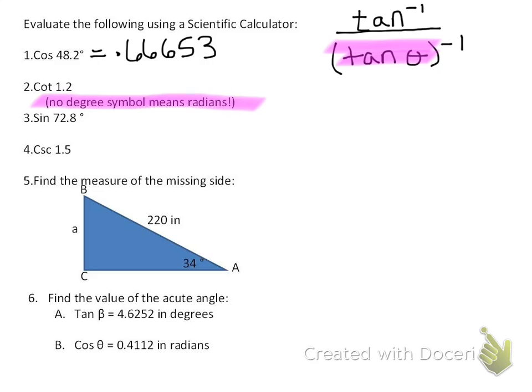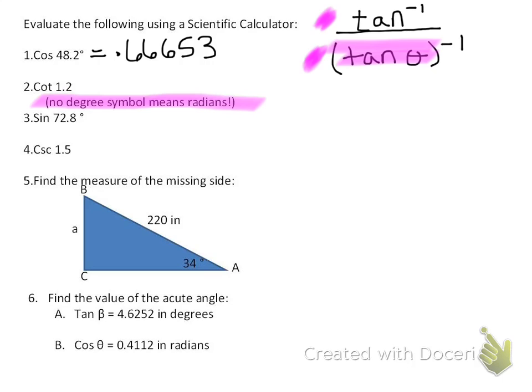So I have angle theta. When I do tan theta, that gives me the ratio of opposite over adjacent. Well then, when I raise that opposite over adjacent to the -1, that reciprocates and gives me adjacent over opposite. So it's really important that you know the difference between these 2 calculator functions.